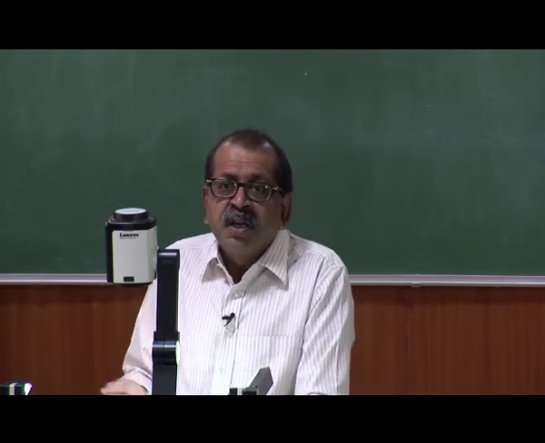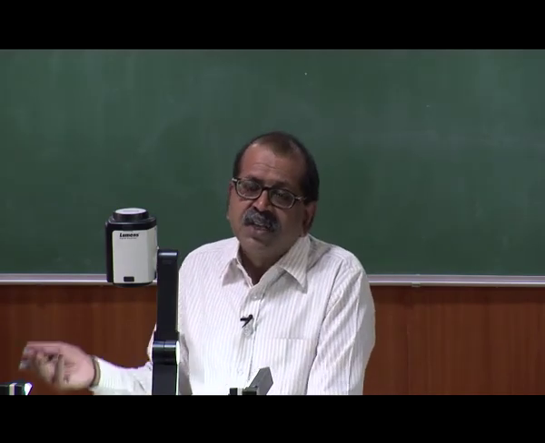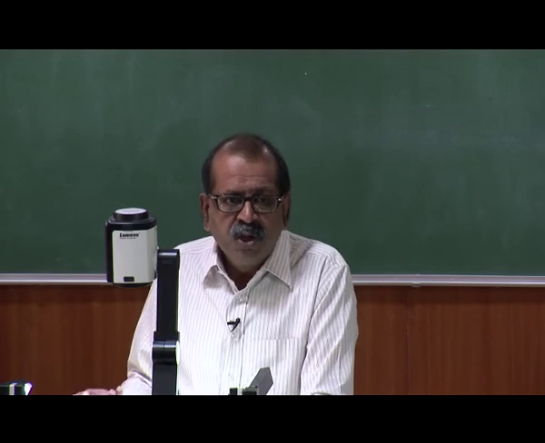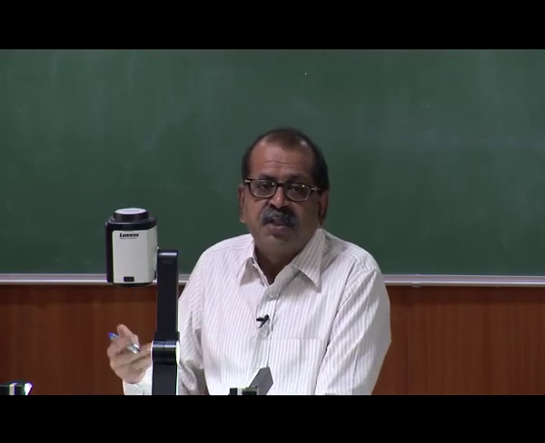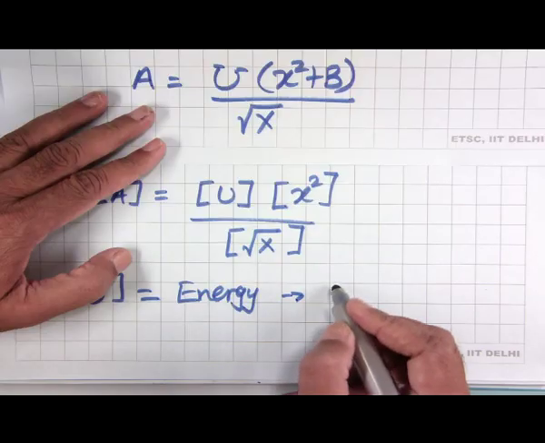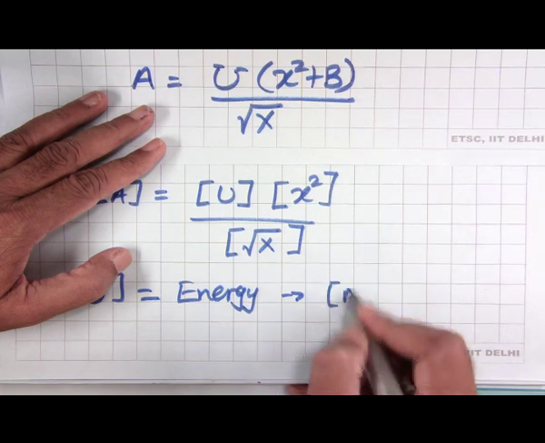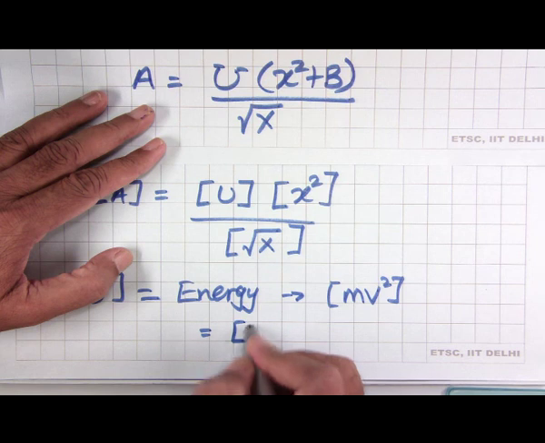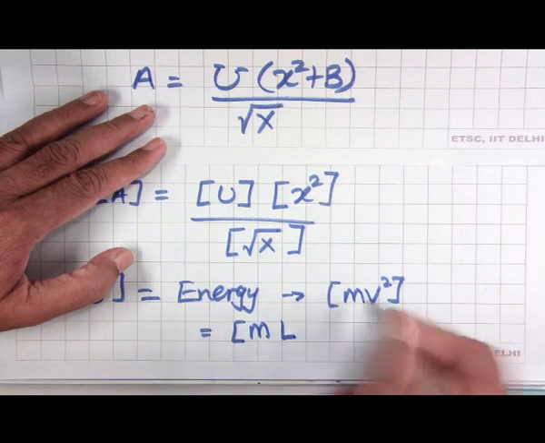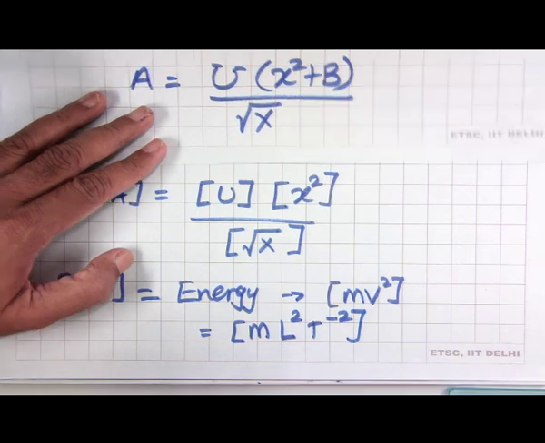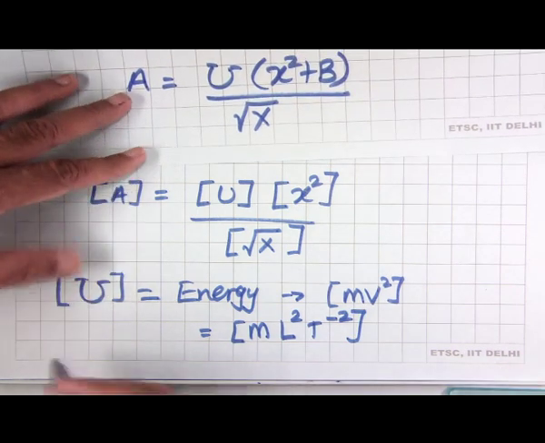Potential energy, if you recall, has the same dimension as kinetic energy. So, it is mv square, or we could think of potential energy as mgh, and whichever way we go, we get the dimension of energy as dimension of mass times v square. So, this will be equal to m times L square t to the power of minus 2. This is the dimension of u.